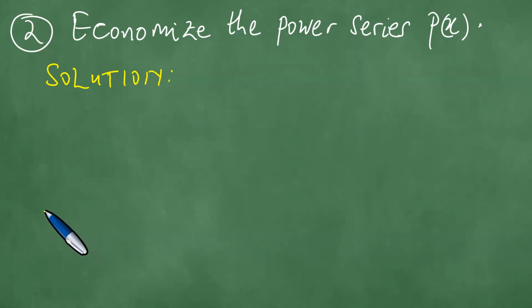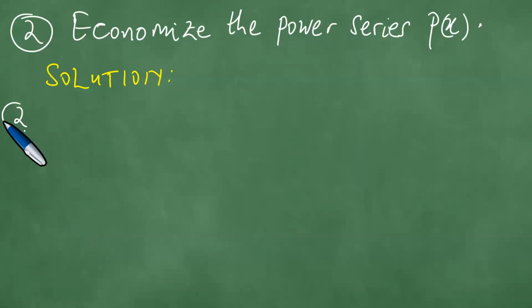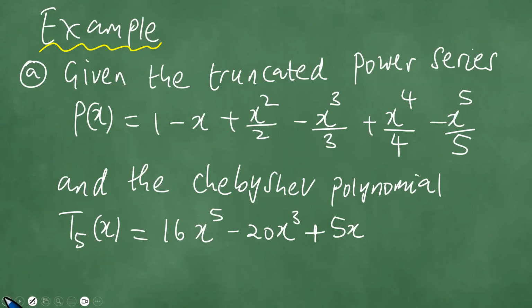Right, to economize the power series P of x, we look for the solution to that and we look at part 2. We know that obviously we agree that P of x is as given: 1 minus x, and so on, up to minus x to the 5th power.